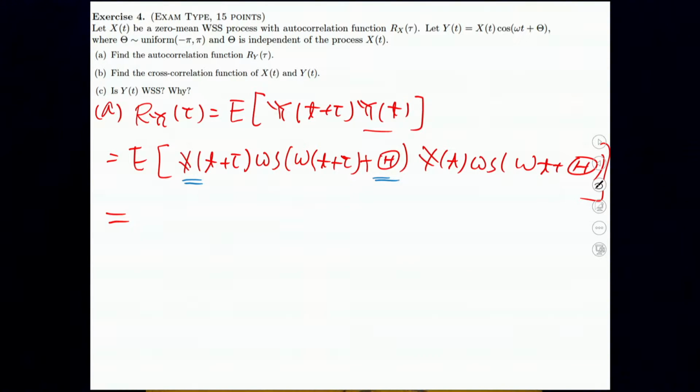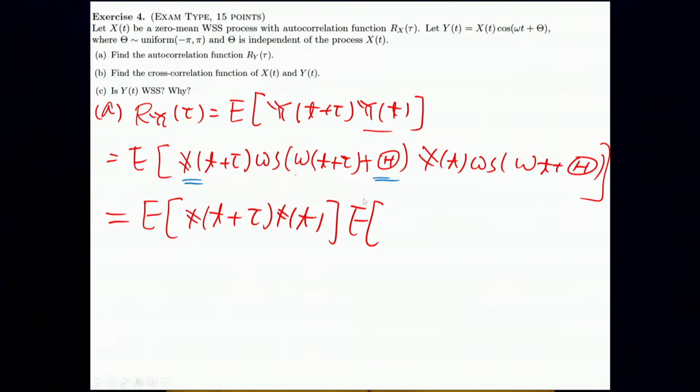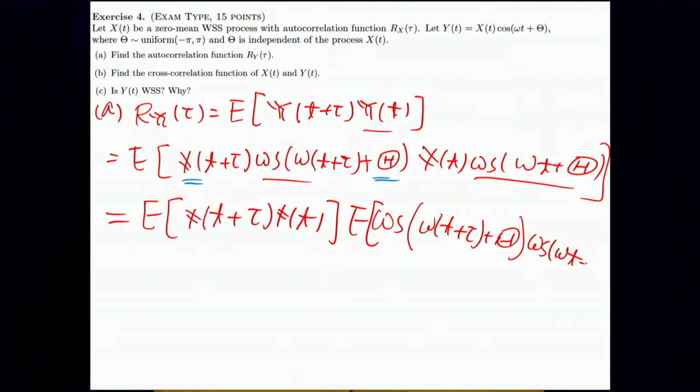Since theta is independent of X, we can put only X here, and the rest is for theta, the two cosines.